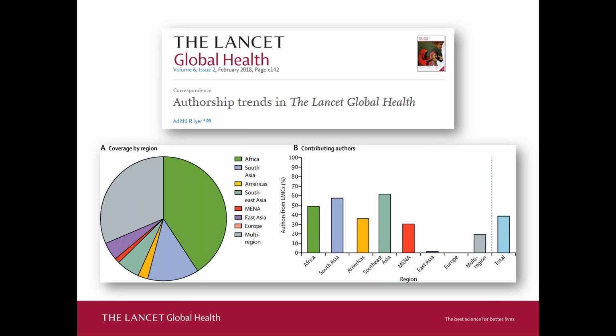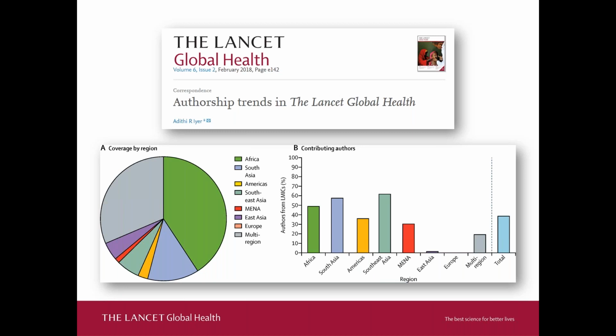This is a study just looking at research articles over a 4-year period. And you can see that Africa, this is sub-Saharan Africa in green, we devote about 2/3 of the research articles to sub-Saharan Africa. About a third are multi-region studies, and then another third are from other regions around the world.